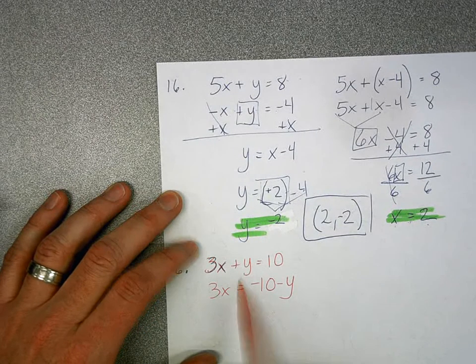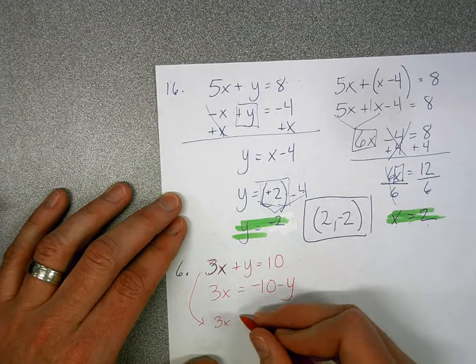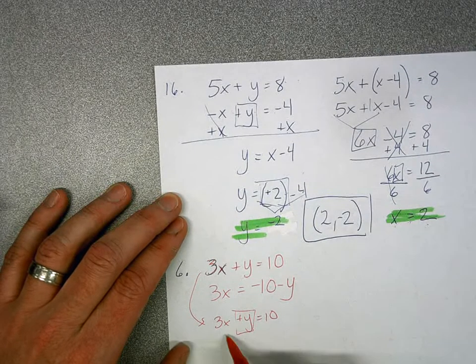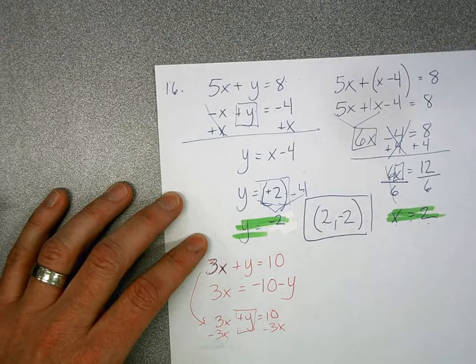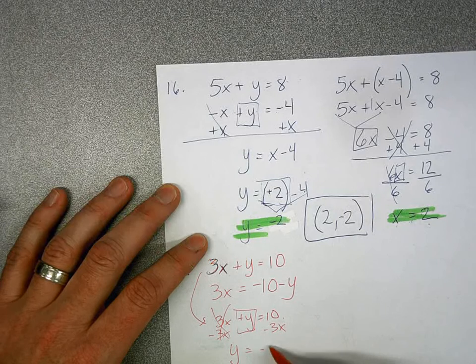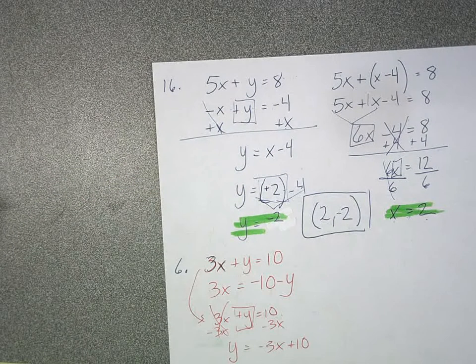So, where I don't confuse myself, I'm going to rewrite this here. 3x plus y equals 10. So I subtract 3x from both sides. So I get y is equal to negative 3x plus 10. All right.